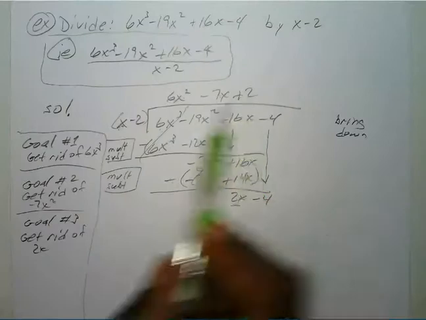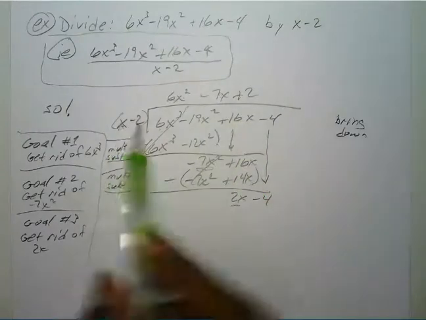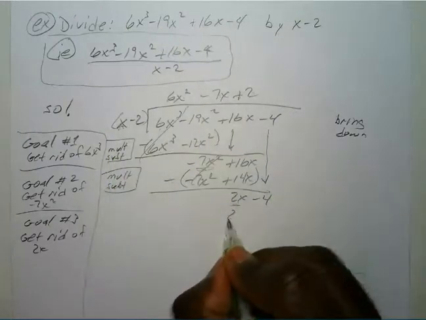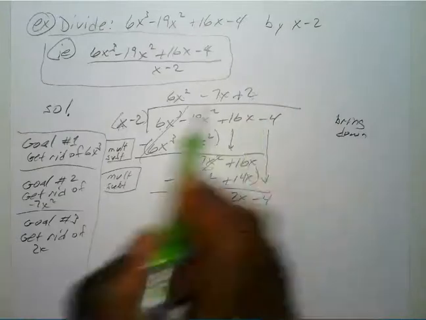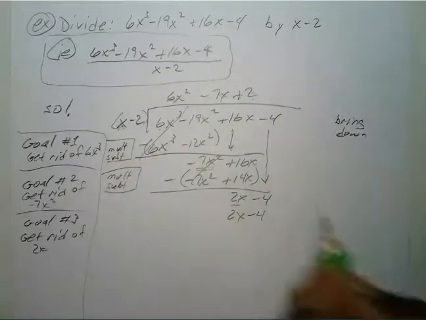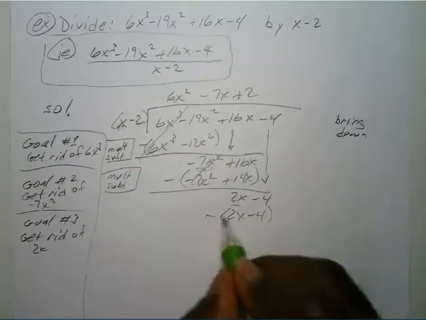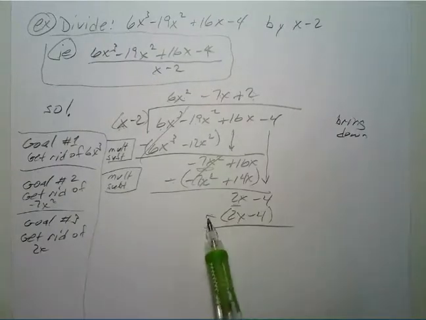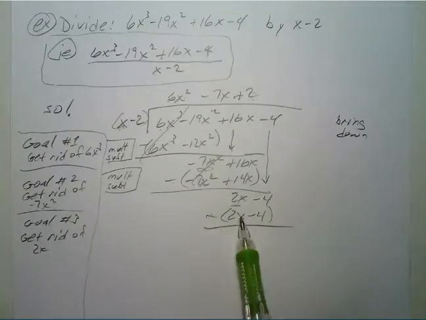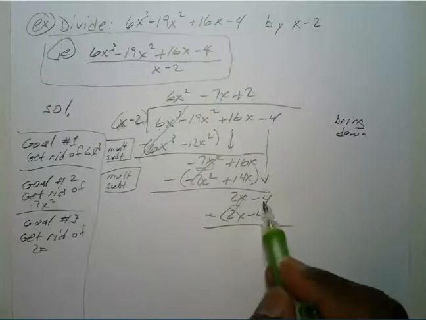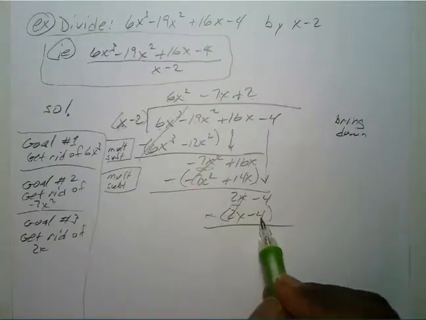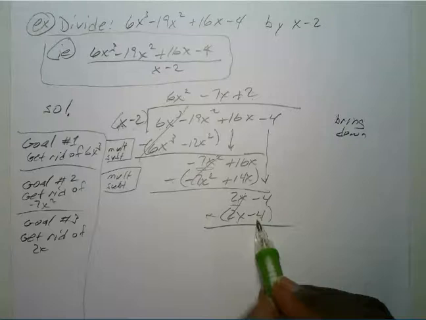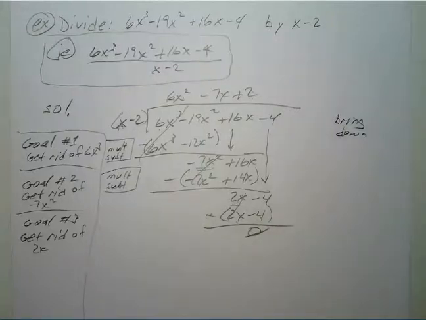Now we multiply 2 by both of those terms, so 2 times x is 2x. 2 times negative 2 is negative 4. We multiply, now we subtract. 2x minus 2x, because remember you're going to distribute that to make it minus 2x, is 0. And negative 4, when you distribute that, this becomes plus 4, is 0. So you have a remainder of 0.